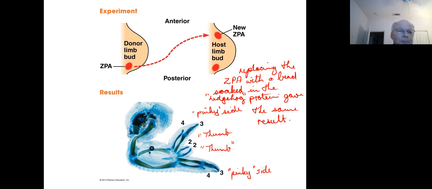They detect the levels of each of the proteins. That provides them with three-dimensional information about where they are in the developing limb, and that in turn, with extra signaling, tells them what type of cells to become on the basis of their three-dimensional location. So they know that they're in a limb, and then they know what part of the limb they're in, and that finally determines the type of cells that they will become.